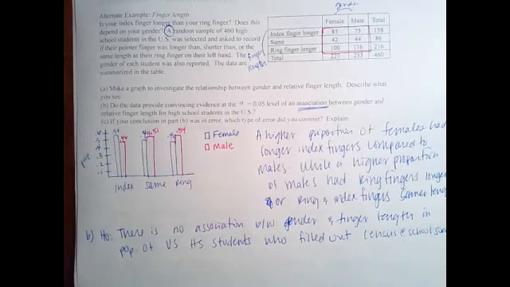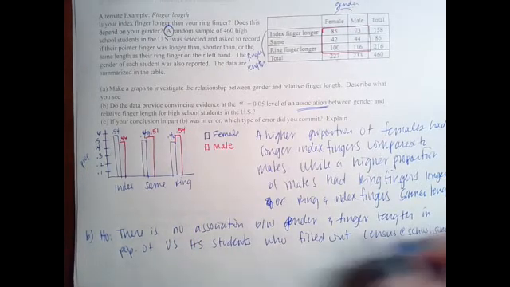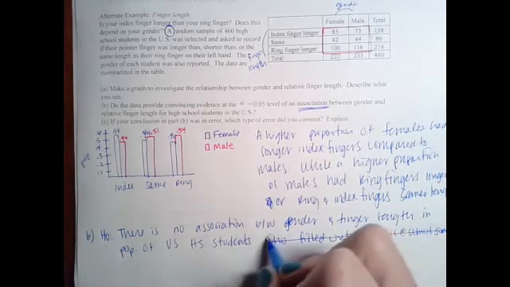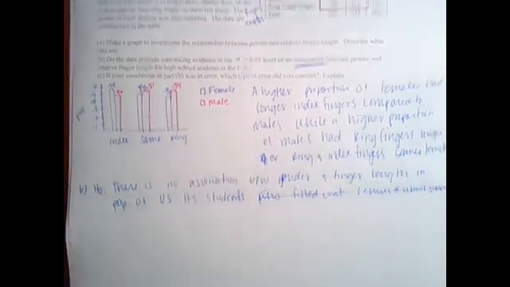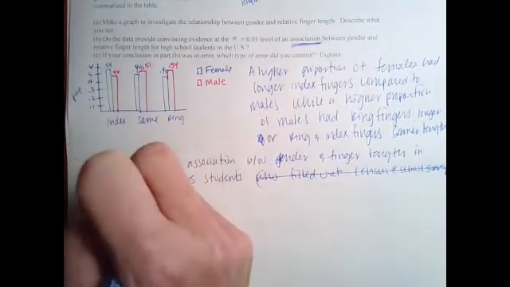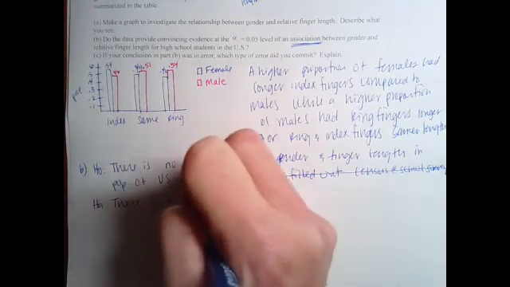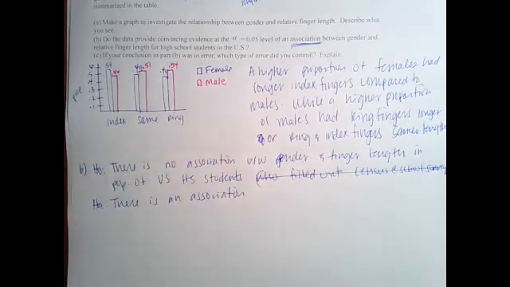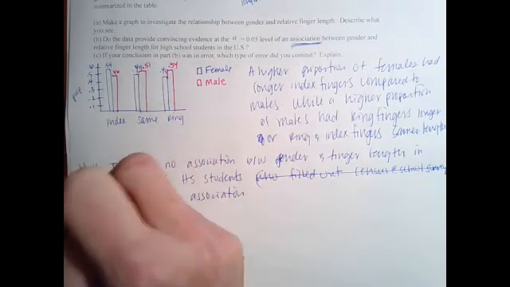I don't think it says that here. I got this out of our book, so you could cross this out if you didn't feel confident with that information. The alternative is that there is an association. We are told we have a random sample.